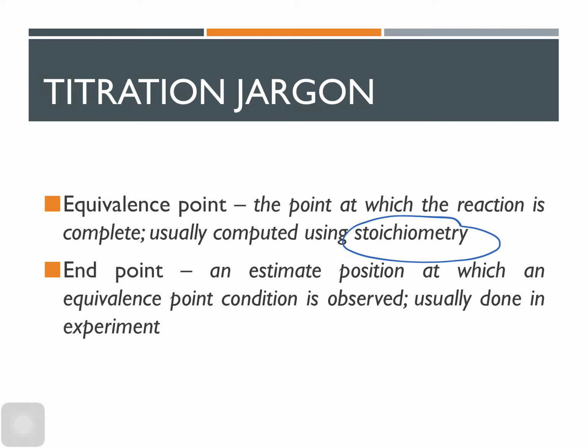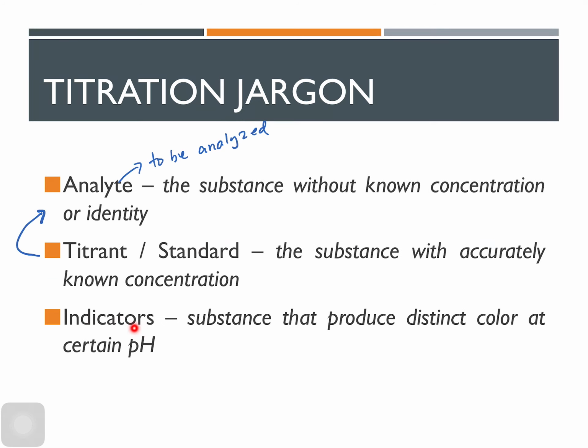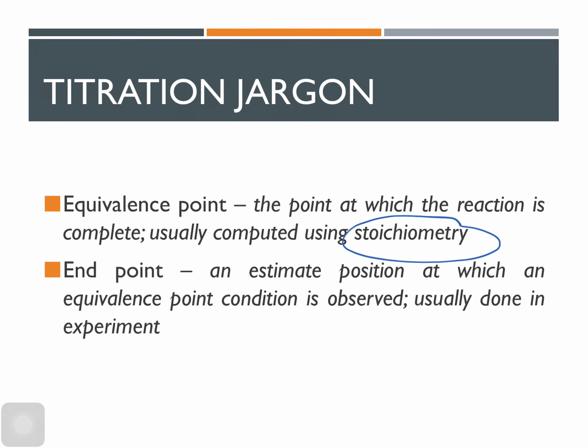Why do we have endpoint and equivalence point? We cannot see with our bare eyes the equivalence point without using indicators. Indicators indicate if the titration is at the endpoint. And what do we know about endpoint? This is related somehow to the equivalence point.